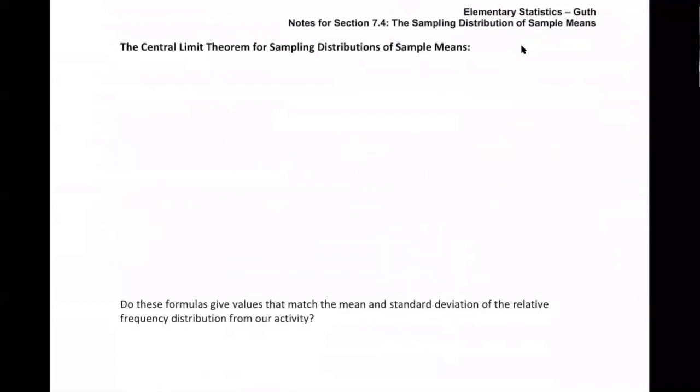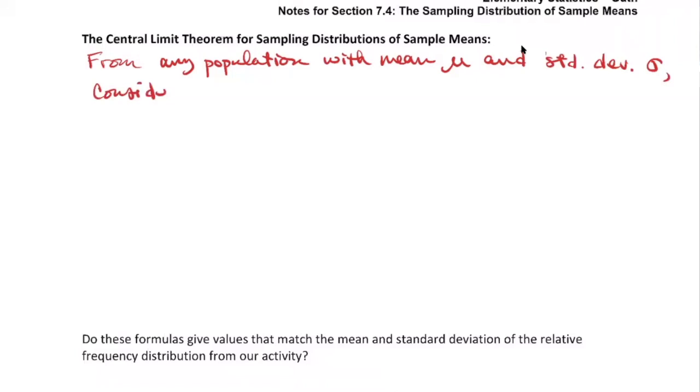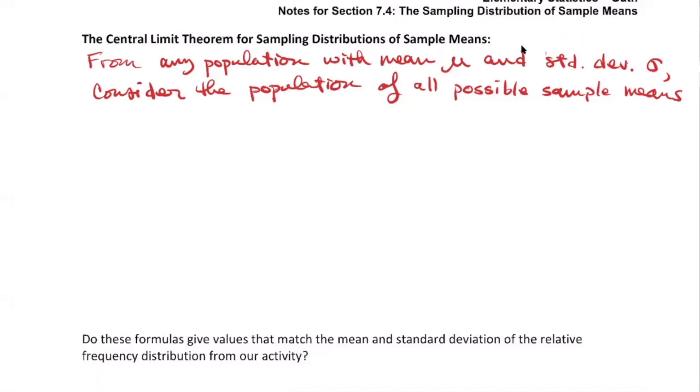Okay, so all of that is kind of summarized. The rule is that you have to have samples of size 30. Okay, so from any population with mean mu and standard deviation sigma, consider the population of all possible sample means, which are x bar, from samples of size n.